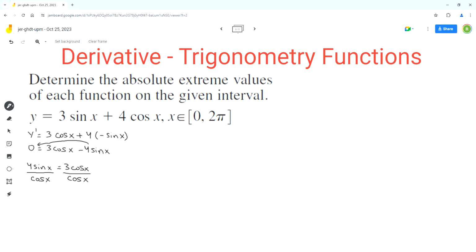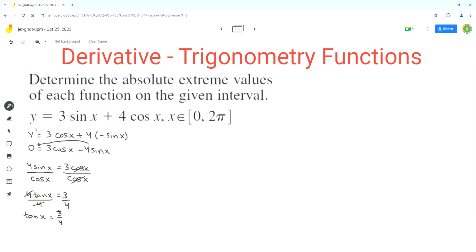So the cosines on the right side will get cancelled out, and on the left side we know that sine x over cos x is equal to tan x. Now we can divide both sides by 4. So the 4's on the left side get cancelled out, so tan x is equal to 3 over 4.